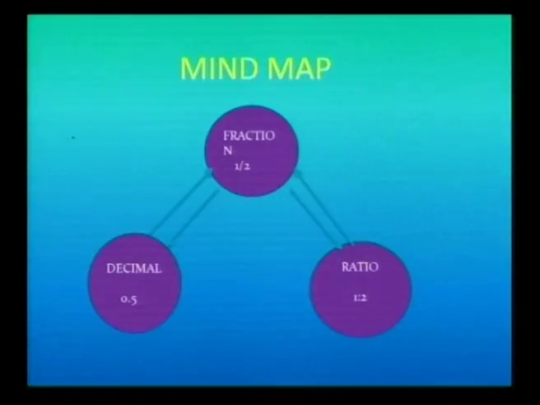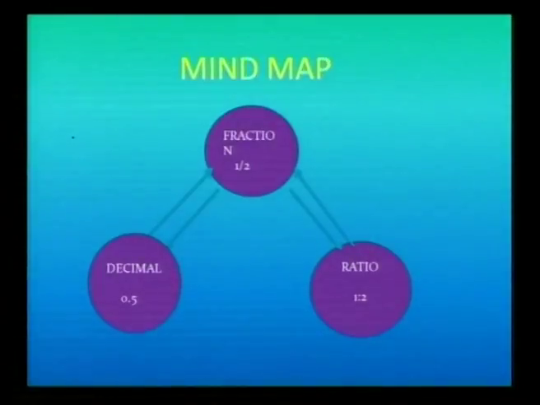Friends, see here this mind map. Here the fraction is 1 by 2, decimal is 0.5. Friends, here fraction is converted into decimal, decimal also converted into fraction. Here the fraction is 1 by 2, the ratio is 1:2. Here fraction is converted into ratio, ratio also converted into fraction, but decimal is not directly converted into ratio, ratio also not directly converted into decimal.